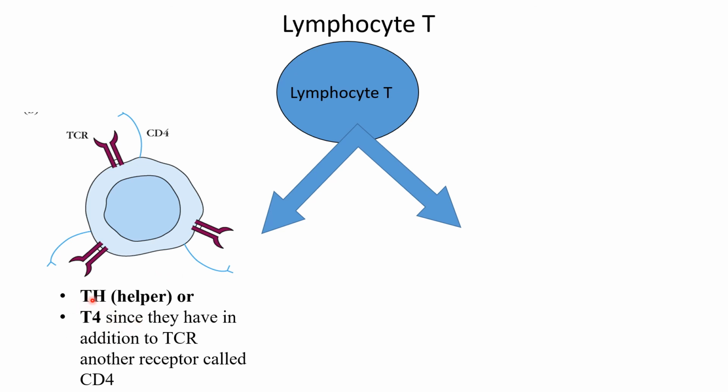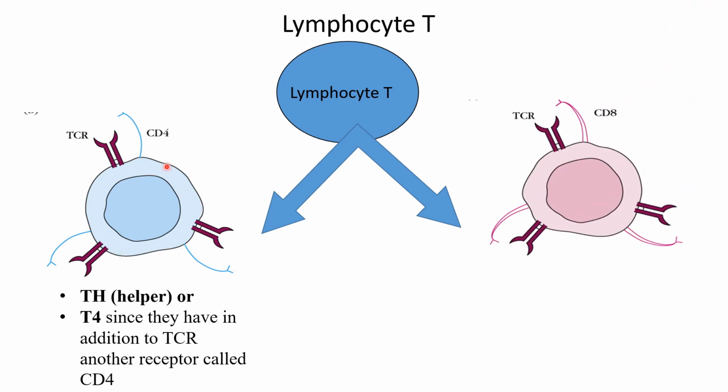T4, because this lymphocyte T displays on its surface a receptor called CD4. In addition, of course, to the main receptor that is called TCR or T cell receptor. As you see, TCR is membrane bound.